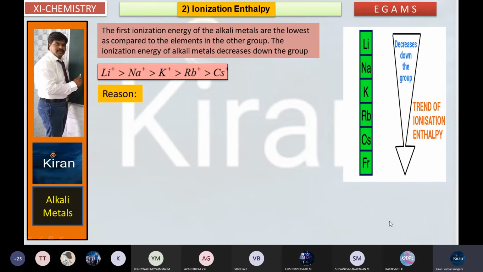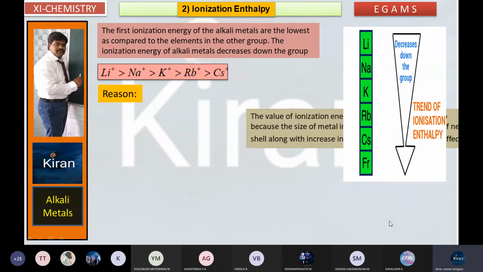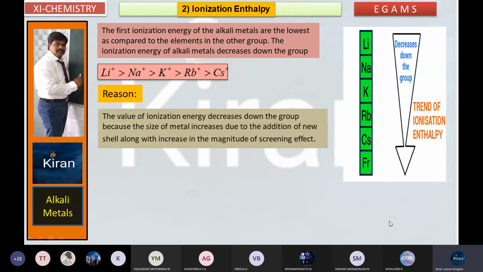What is the main reason? Already I have given you. The value of ionization energy decreases down the group because the size of the metal increases due to the addition of new shells along with an increase in the magnitude of screening effect. See here, what is going on from top to bottom?